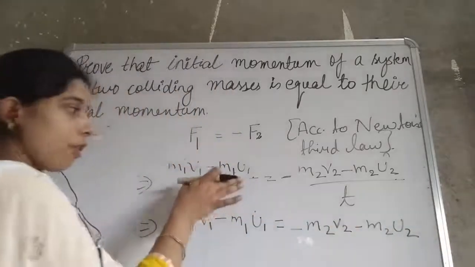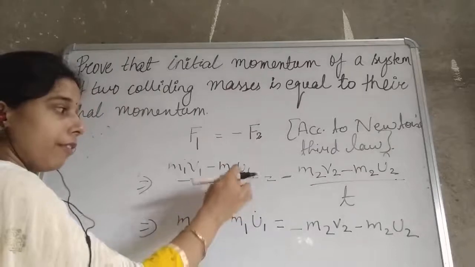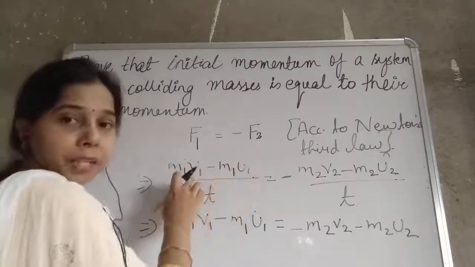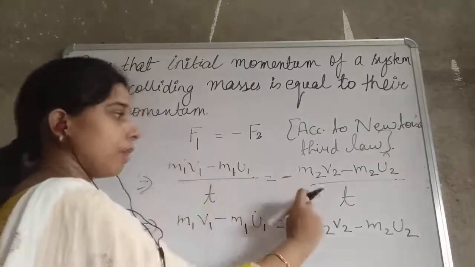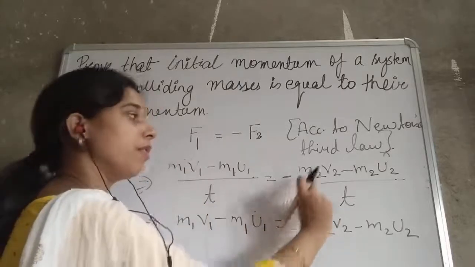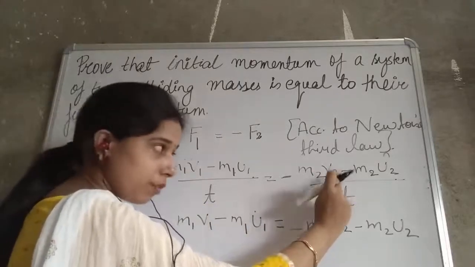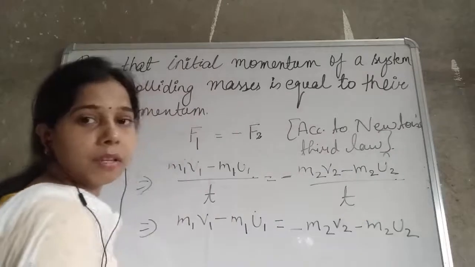This one is for mass m1, which has initial velocity u1 and final velocity v1, and this one is for mass m2, which has final velocity v2 and initial velocity u2.